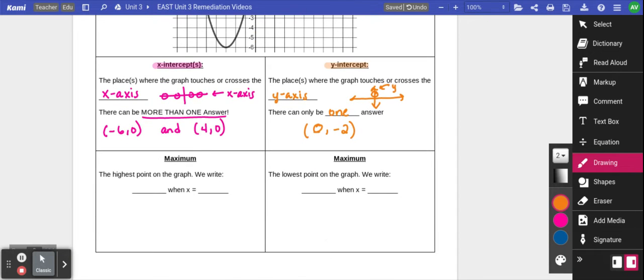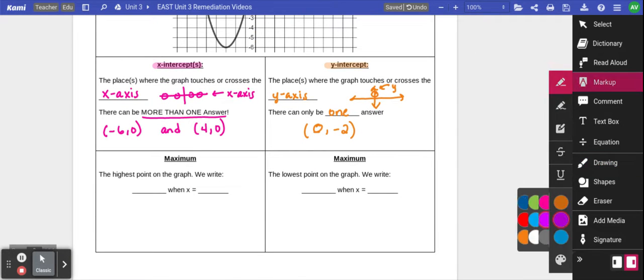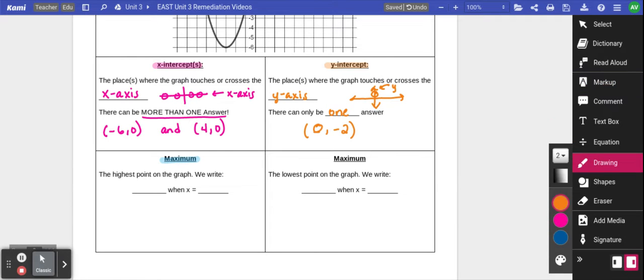The next special point you might be asked to find on a graph is a point called the maximum. If you look for a maximum on a graph, you're looking for the highest point on the graph. When we find the maximum, we write it like this: some number, and this is going to be the y-coordinate, when x equals the x value.